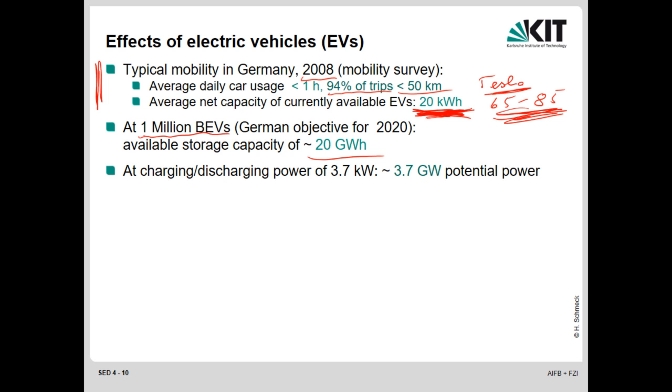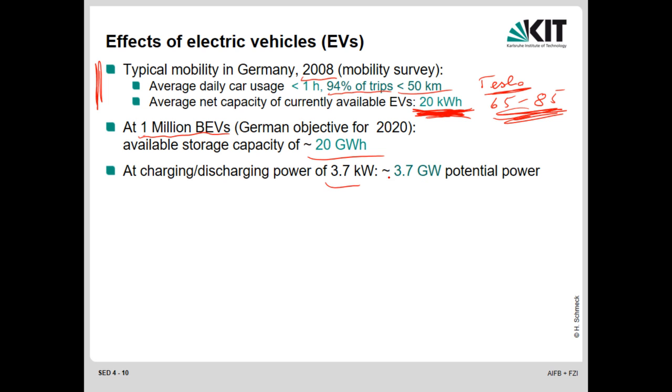Now, this computation is not sound, because to provide 20 gigawatt for 1 hour, you would need a very high capacity. You would need a 20 kilowatt connection. Usually we assume that if we have a one-phase connection to the electricity system, and we can charge at 16 ampere, that's around 3.7 kilowatt.